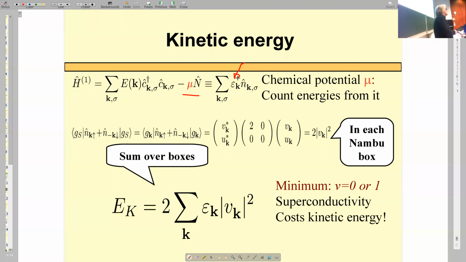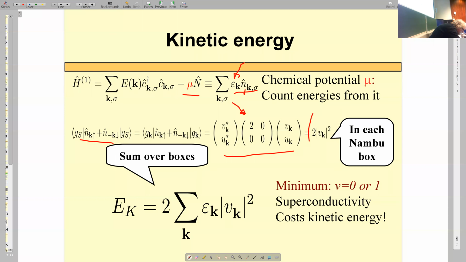Very good. So I'm ready to compute kinetic energy. And look, for each number box, kinetic energy is just the sum of occupation numbers for two levels. Okay, we know how this matrix is expressed in 0, 2 basis. We know the wave function. Okay, we can compute the energy. Here's the relation.